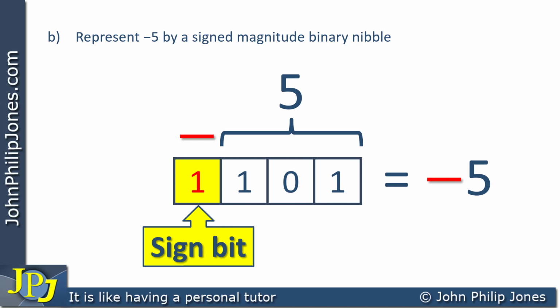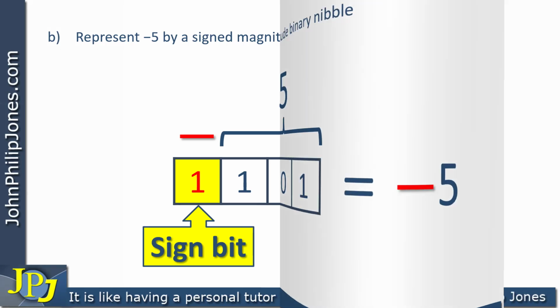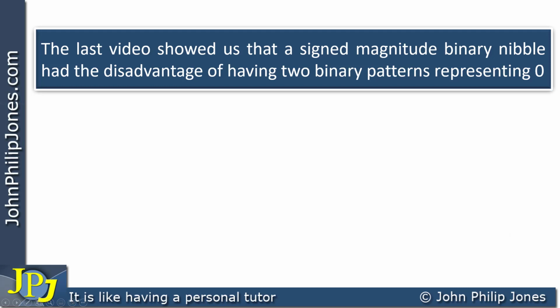Now, there are some issues associated with signed magnitude binary representation of numbers within a computer, and I covered them in the previous video, but I'm just going to mention them here because I would like to encourage you to look at the previous video so you can see what the issues are. The last video showed us that a signed magnitude binary nibble had the disadvantage of having two binary patterns representing 0.